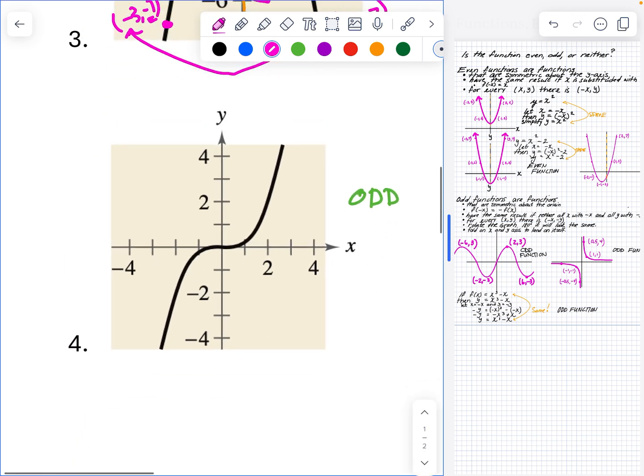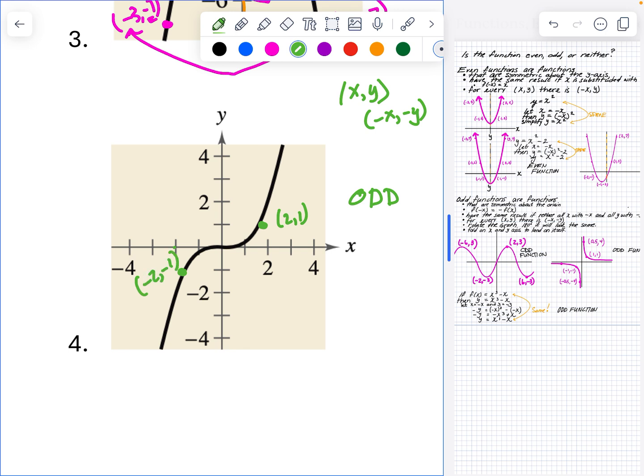For odd, what makes it odd is if you have an x, y, you should have a -x, -y. So in other words, this point right here, let's say this is the point 2, 1, then I should have the point -2, -1.